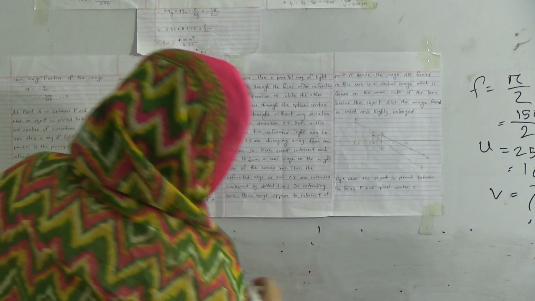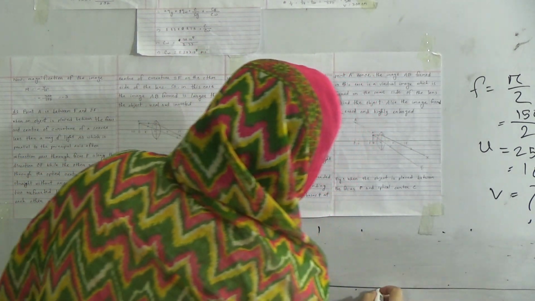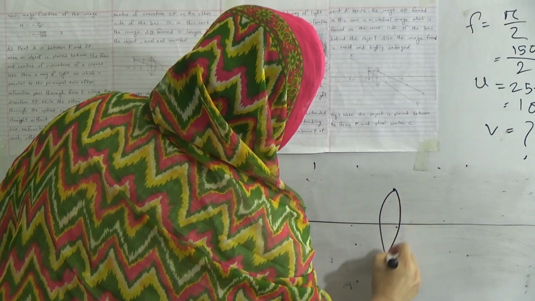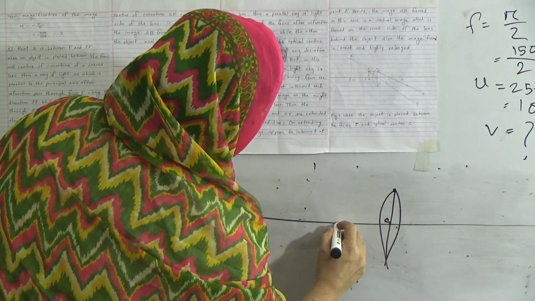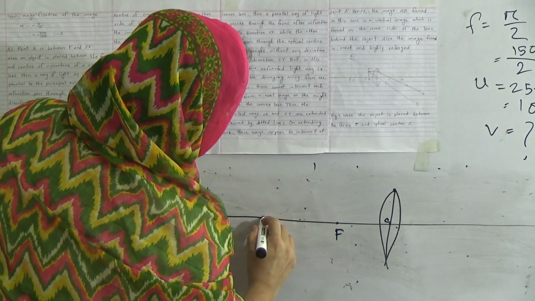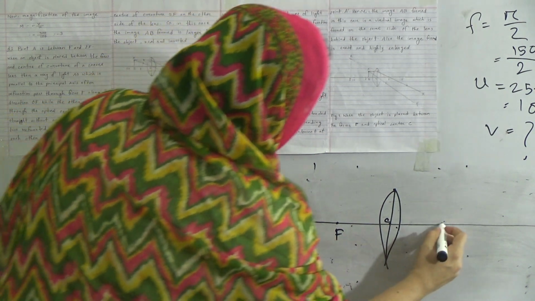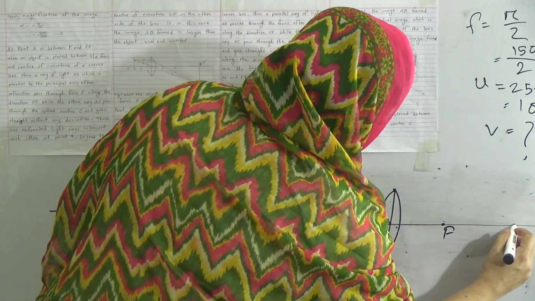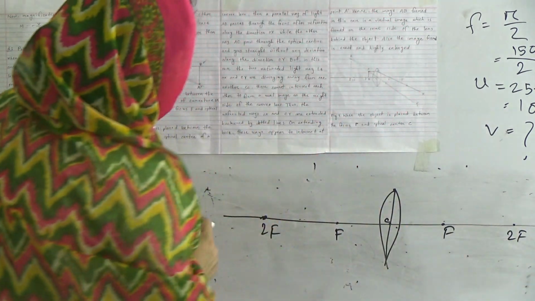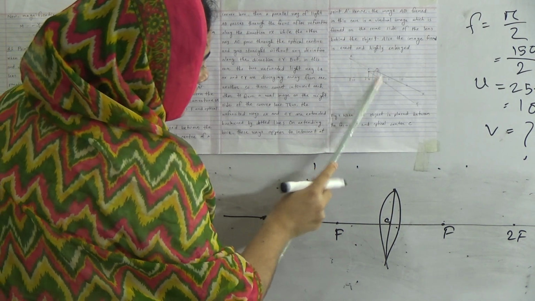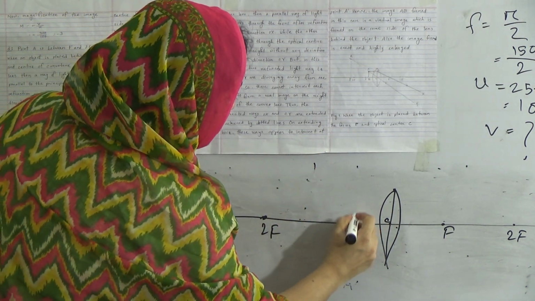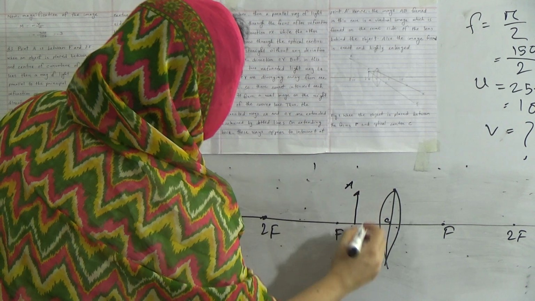This one is also the principal axis, this one is a convex lens. This one is the center of the curvature, so it will be focus F, then 2F. Now the object will be situated at the focus, that means suppose here it will be object AB.